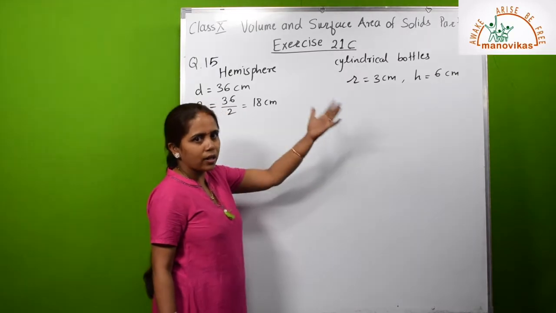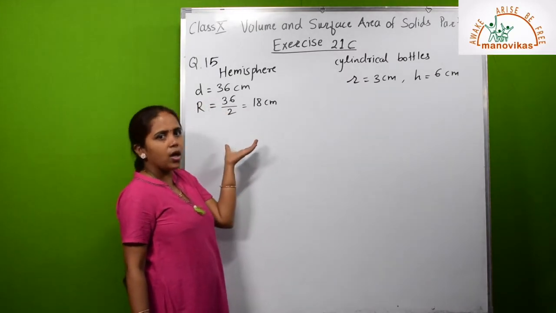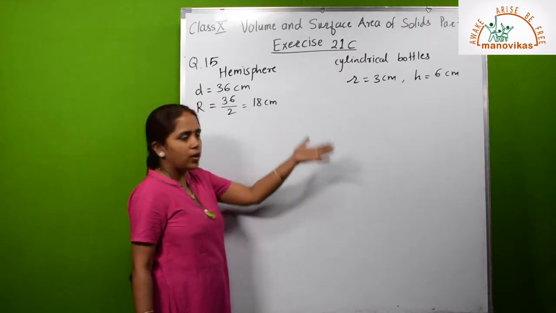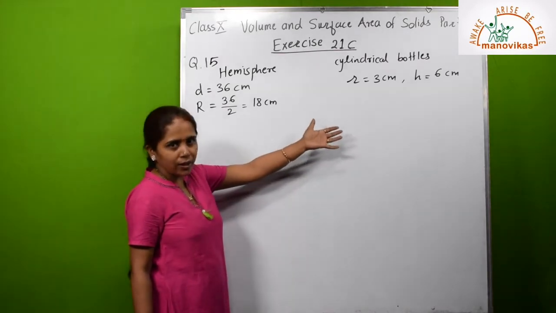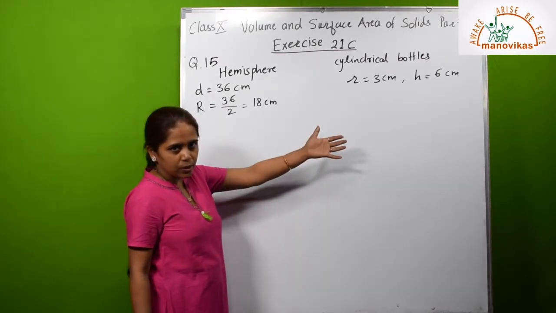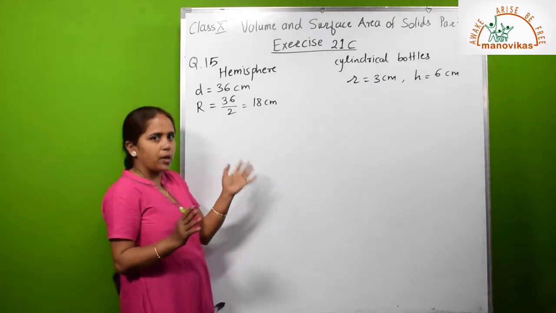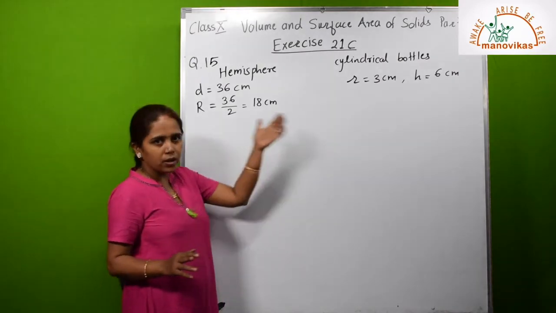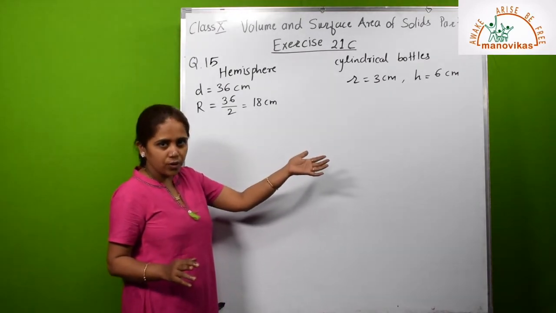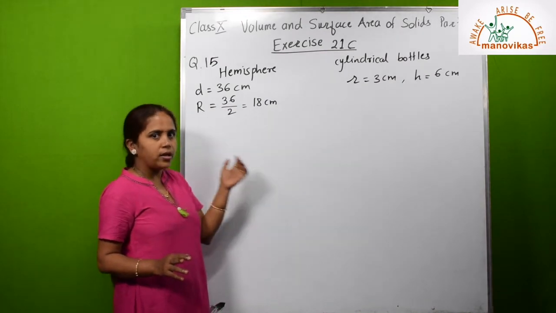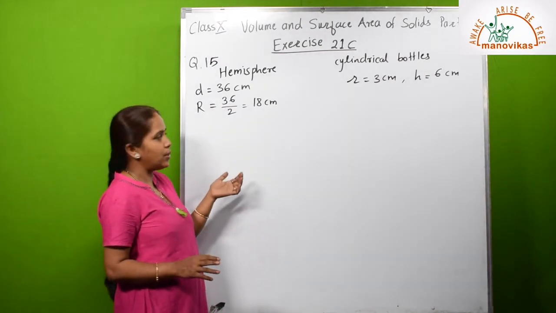Suppose again there are n bottles, then the volume of the hemisphere will be equal to the volume of the n cylindrical bottles. So again we are going to compare the volume of a hemisphere and the volume of the cylinder here. Okay, which dimensions are given?